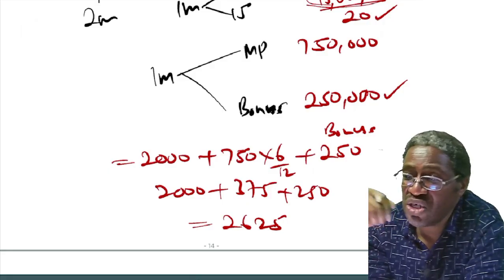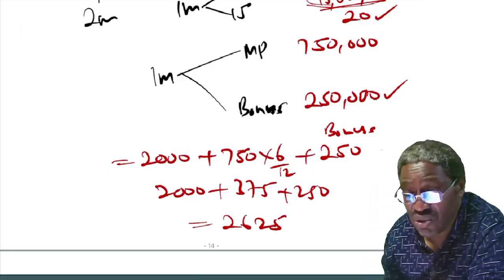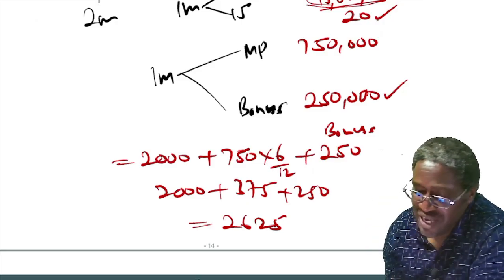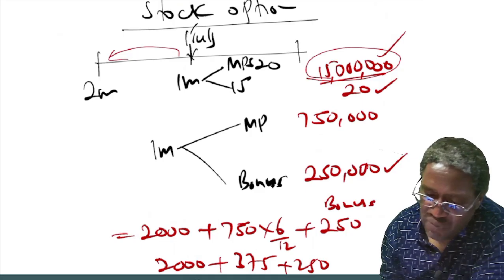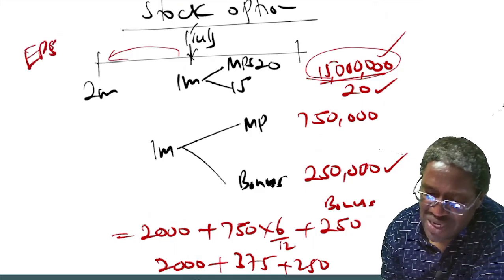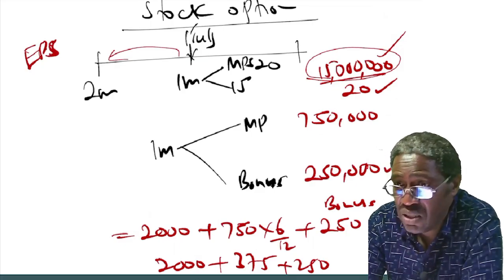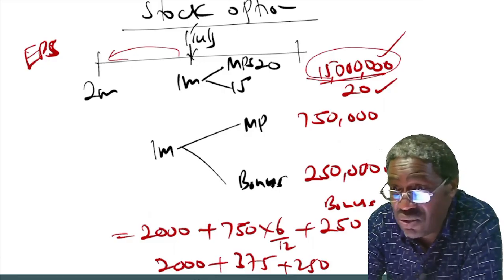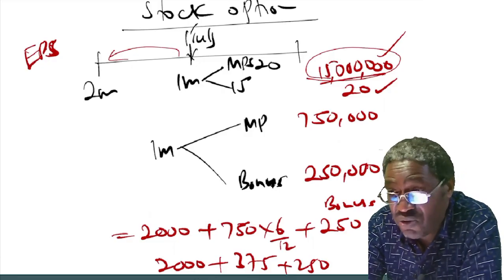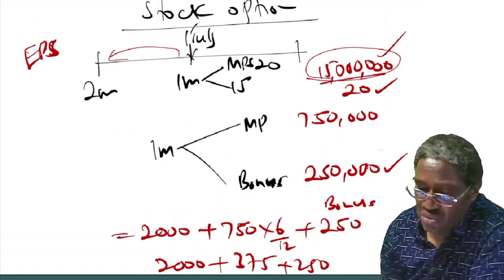Because they are assumed to be issued at the start of the year, the EPS of the previous year should be restated for comparison purposes, because the bonus element 250 is assumed to be issued at the beginning, not the 1 million.